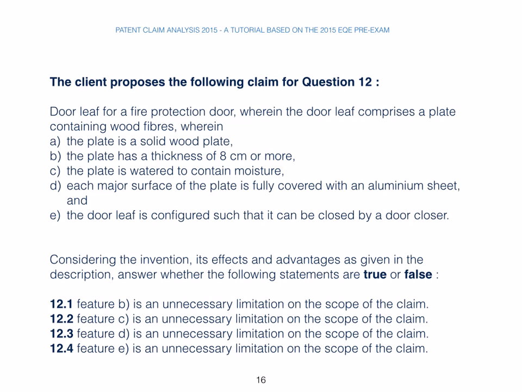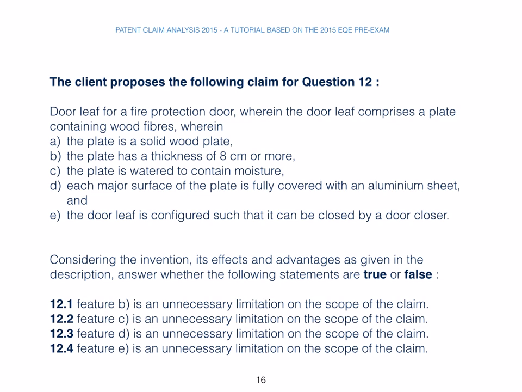To answer these questions, we need to check if the respective feature is described as essential or optional. You have to check the description for this. For the thickness, you may want to look in paragraphs 8 and 14. For the watering feature, look in paragraph 9. For the fully covering, look in paragraph 16.